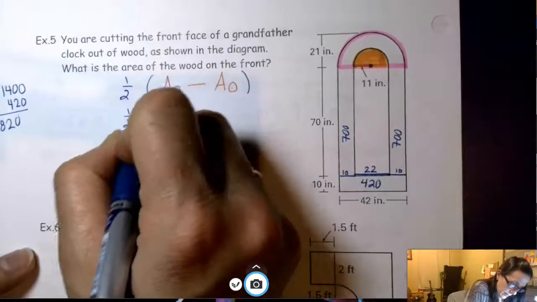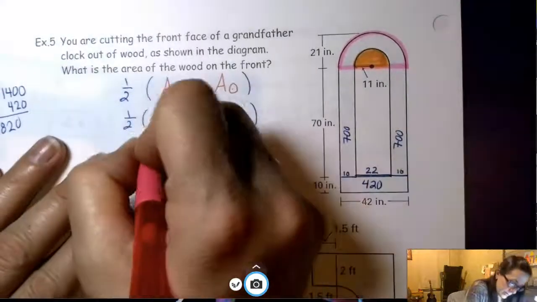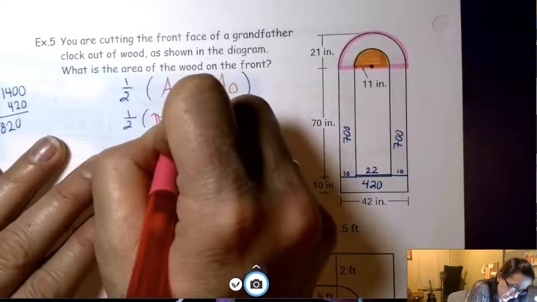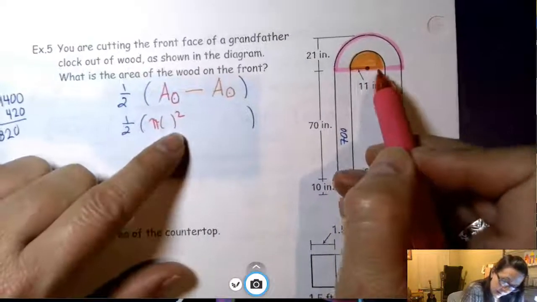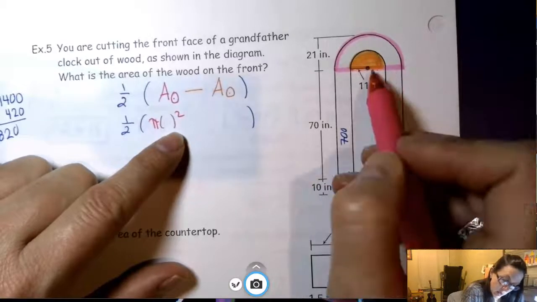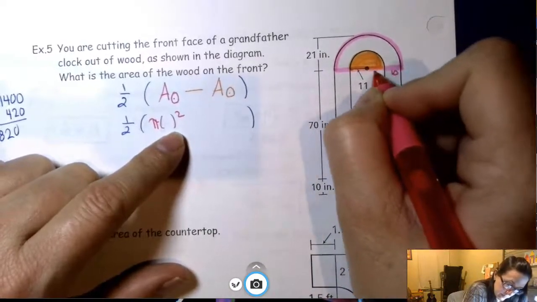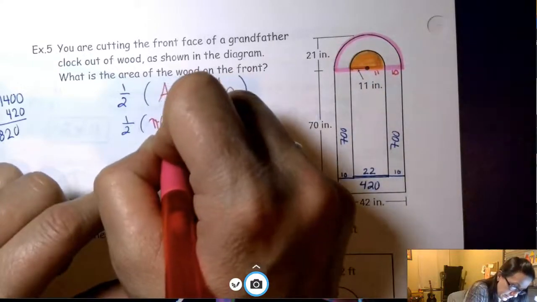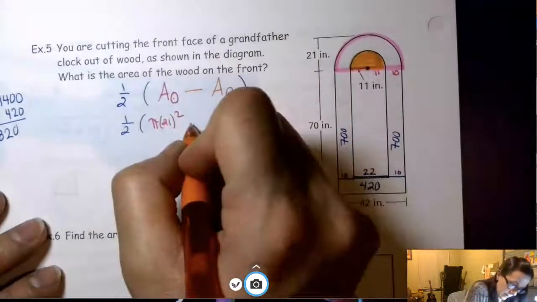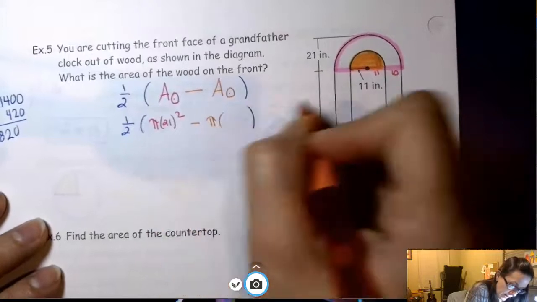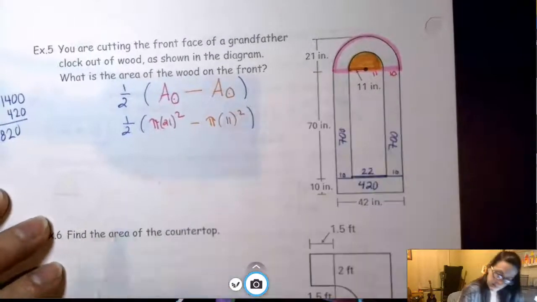around 1/2 out here. Area of this pink circle is pi r squared. The radius of the pink is going to be 11 and 11, no, 11 and 10. It's going to be 21. Minus the area of the orange circle will be pi, radius here will be 11 squared.